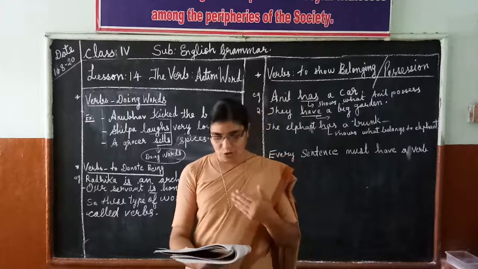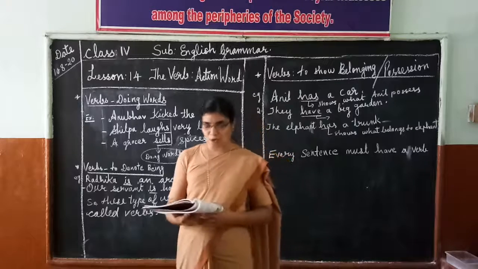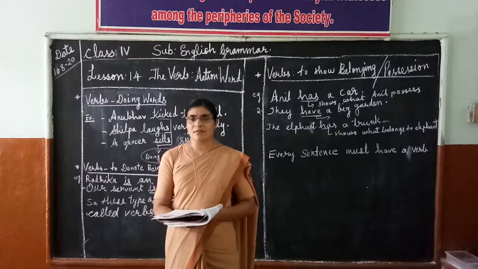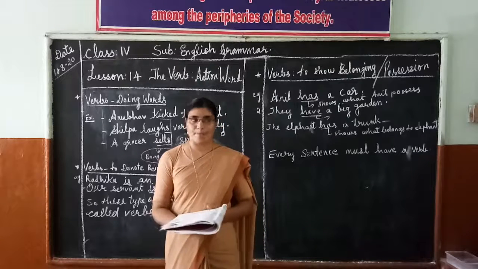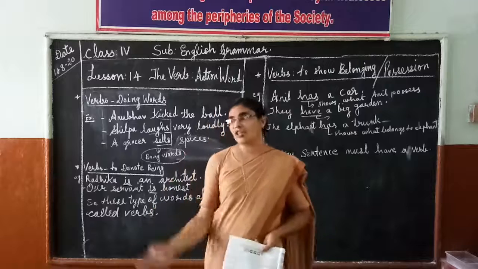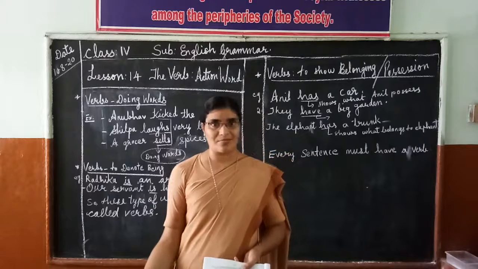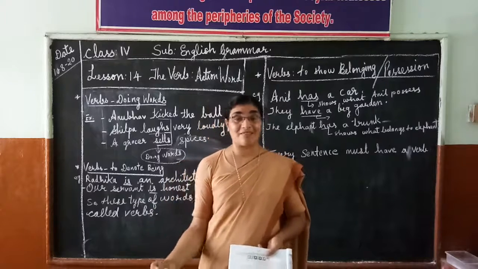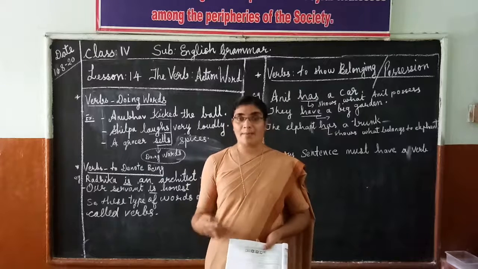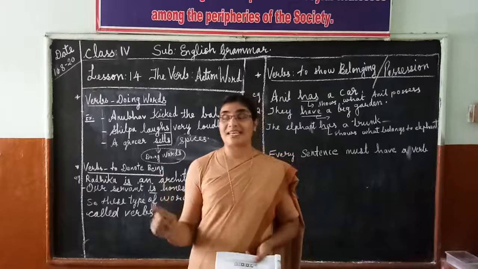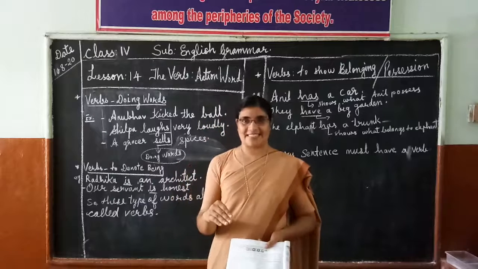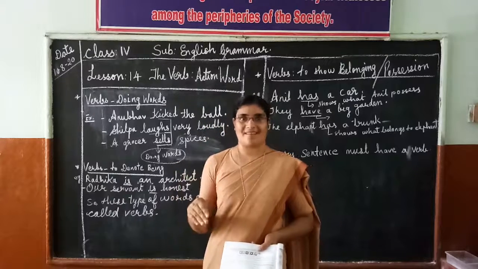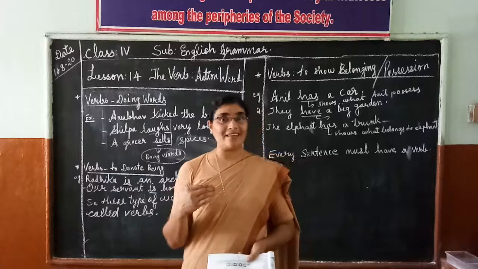So just go through your lesson and you will be able to understand. Especially remember, without a verb we cannot form a proper sentence. If you say "she intelligent," what does it mean? It does not give a proper meaning. But if we say "she is intelligent," now "is" denotes being, and we know a particular girl is very intelligent.